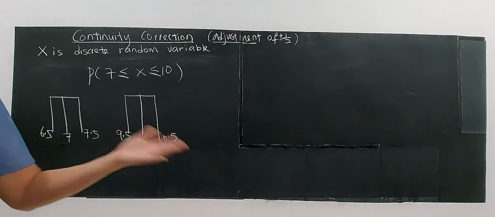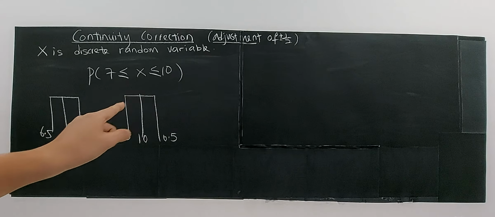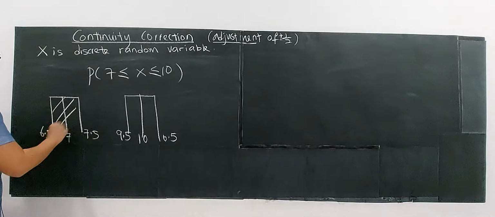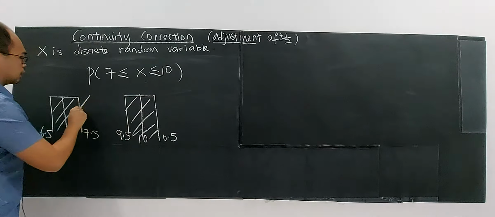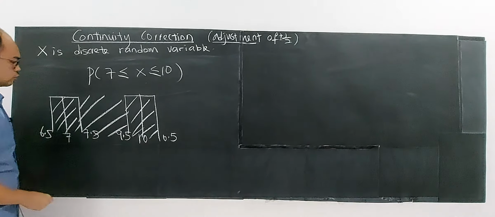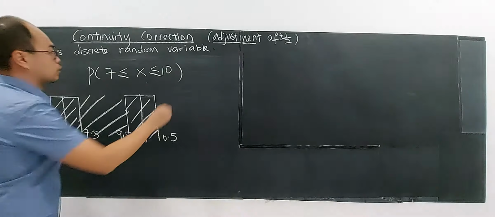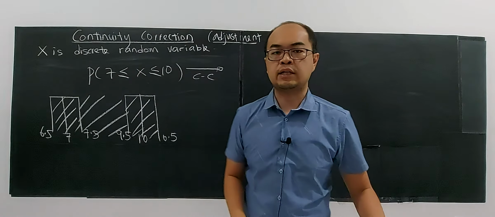Okay, what do you think you should do? Look at the equal. Got equal, right? Got equal. What does equal mean? Equal means here that you shade the box. In between, this one, in between. Now color from where to where? I shade from where to where? Okay, this is what we call CC. We do the continuity correction adjustment.